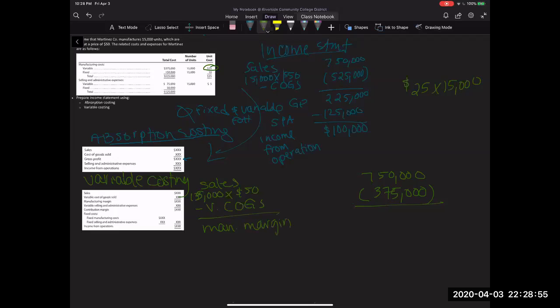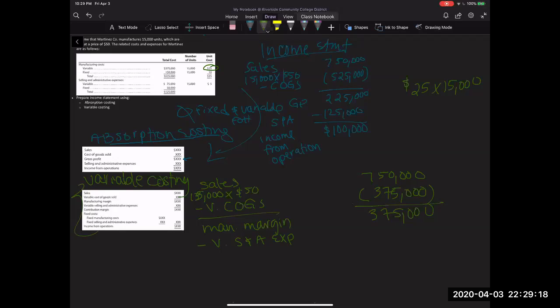Okay, so then our manufacturing margin is the difference between the two. So if I did my 750,000 less my 375,000, I come up with $375,000. Now I'm going to subtract out my variable selling and administration expenses, right? So I'm following along with this template here.